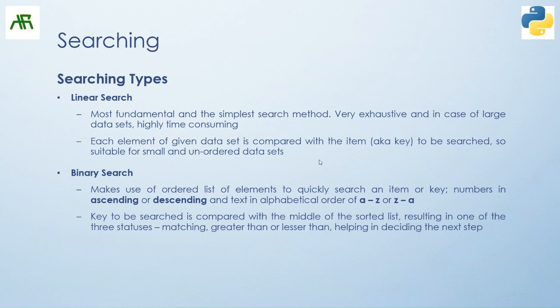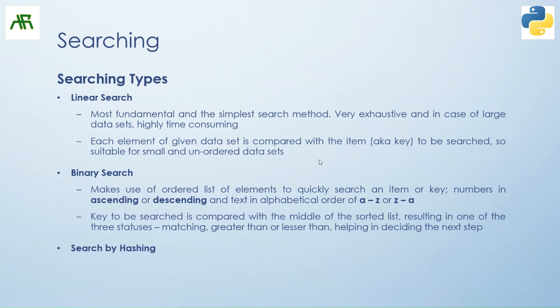That is enough. Or the other way around, if the key is lesser than the middle element, it's only enough to search the first half of the target list against the key value. We don't have to go through the entire list all over again. So for each pass, the size of the search list comes down by half. So it's much better in terms of efficiency compared to the linear search.